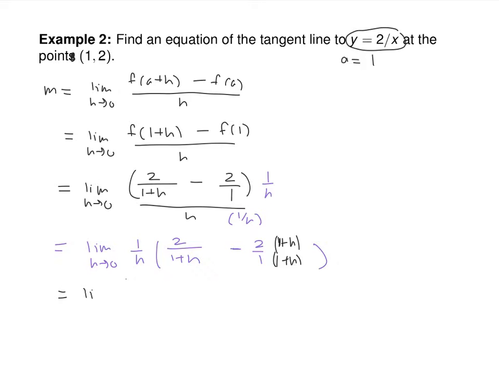So that's limit h goes to 0, 1 over h, 2 over 1 plus h. That negative distributes, so you've got minus 2 minus 2h all over 1 plus h.